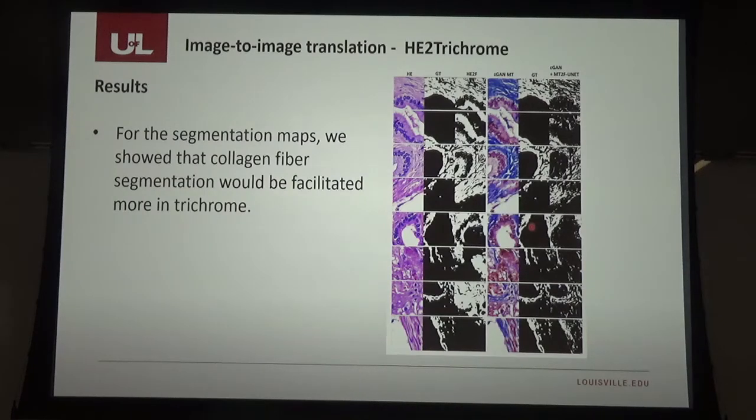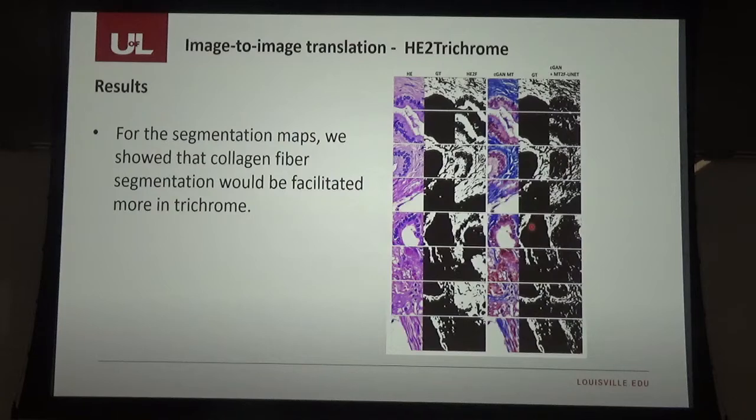So back to the annotations. Our target was obtaining annotations. We performed experiments on the model that we developed in order to perform annotation down to the pixel level for the fibrosis segments.